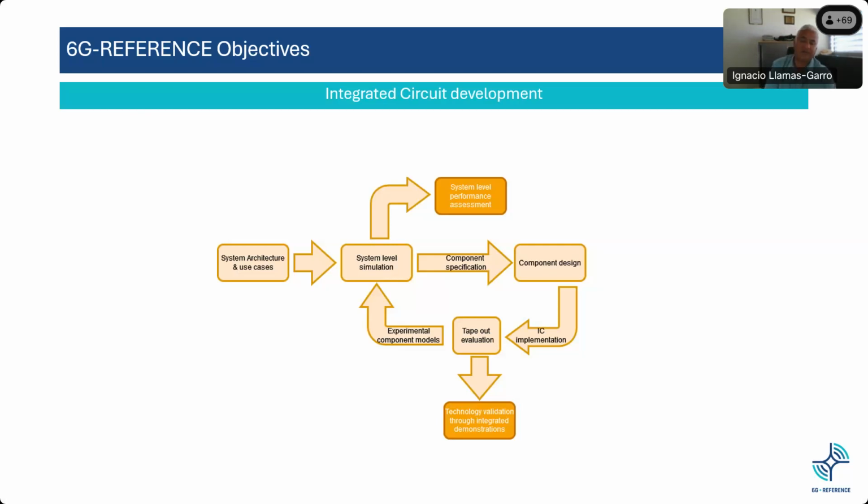The resulting operational components from the tape-out will be experimentally characterized in order to extract parametrized models to be fitted again to system-level simulations. Such simulations will thus permit evaluating the system performance improvement provided by the developed 6G reference hardware solutions, considering the real capabilities and impairments introduced by them. In parallel, the individual developed components will be integrated in proofs of concept to experimentally validate them and assess the achievement of the project objectives.